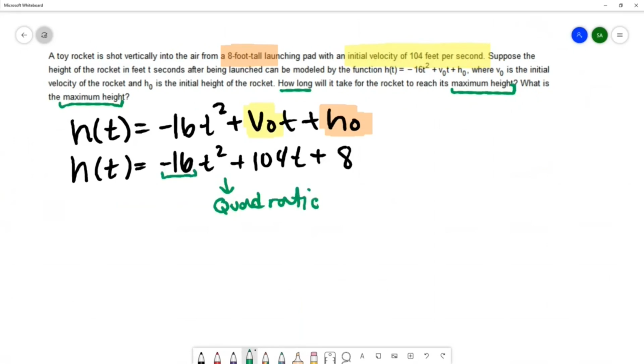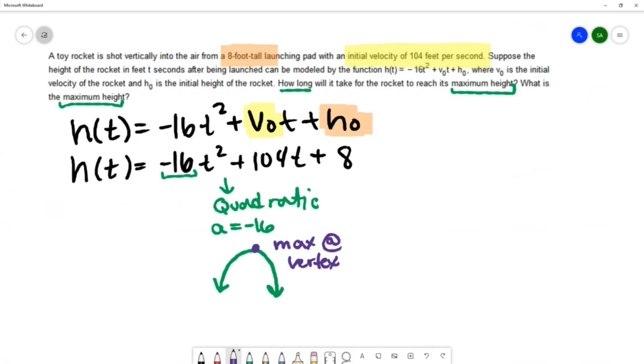Because of the leading coefficient being negative, that quadratic will have the graph of a parabola that is oriented down, and the highest y value, which represents the height, will be at the vertex. The maximum will be at the vertex. So the key to finding how long it takes to get to the maximum height and what is the maximum height is to find the vertex.